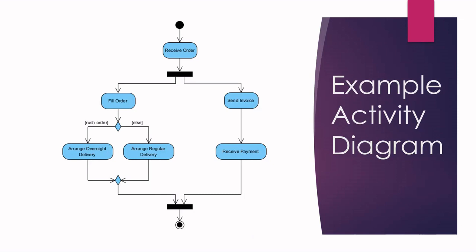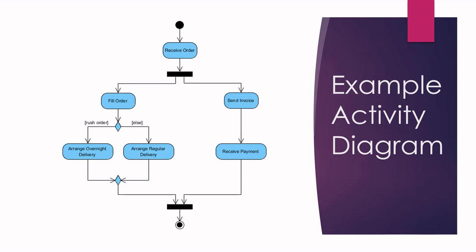You can use the same syntax to describe lines of code as well, but this is more of a high level. And then there are concurrent paths, so some set of actions that can happen in parallel. While we are filling the order and doing all these, we can also send the invoice and receive the payment.